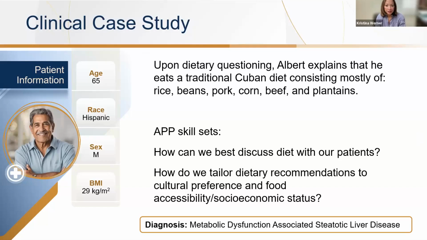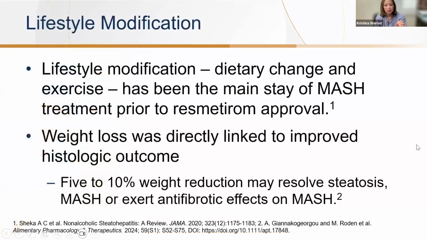So as a nurse practitioner, physician assistant, or advanced practice expert, how can we best discuss this diet with our patients, and how do we tailor dietary recommendations to cultural preference, food accessibility, and socioeconomic status? So let's go to the next.